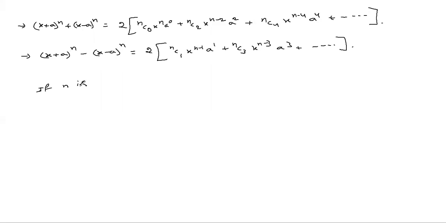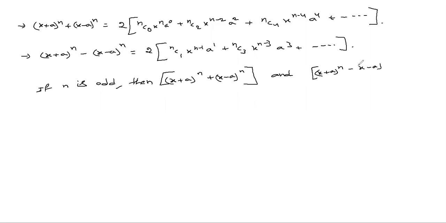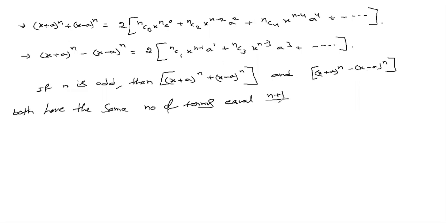If n is odd, then (x + a)^n + (x - a)^n and (x + a)^n - (x - a)^n both expansions have the same number of terms, equal to (n + 1)/2.